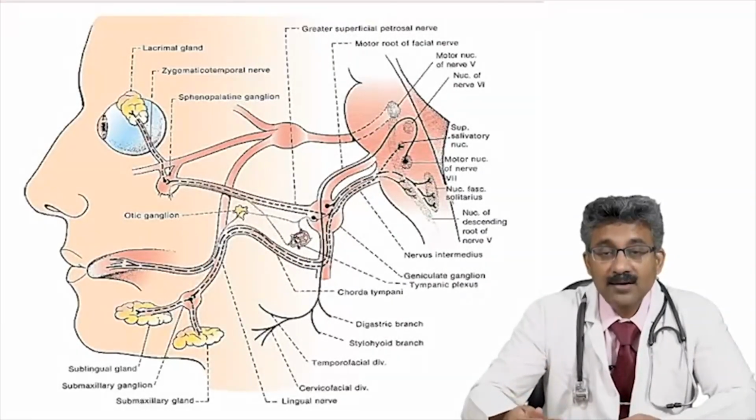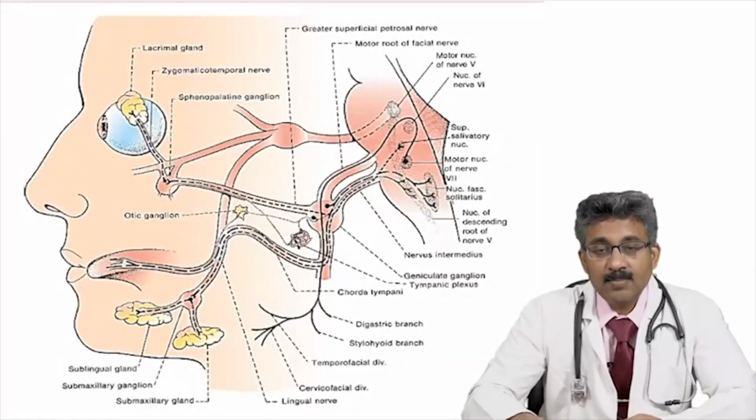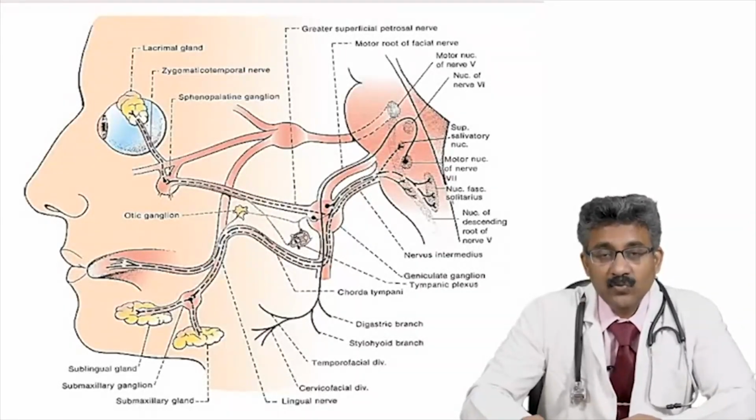But in Bell's phenomenon, because they cannot close the eyes properly, lagophthalmos is there. When the eyeball turns upwards, you can see the lower part of the sclera. That is known as Bell's phenomenon. Okay. So in lower motor neuron facial nerve palsy, the whole face will be affected, upper part and lower part, and Bell's phenomenon will be there, and there will be epiphora.